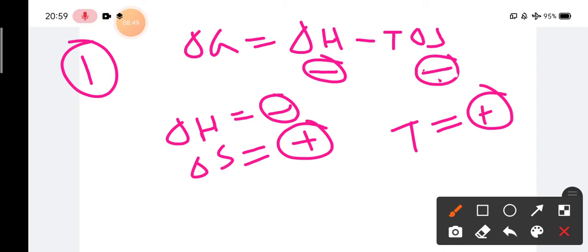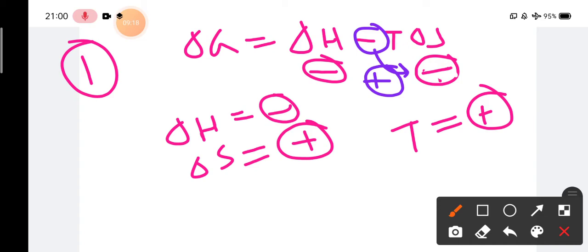So T is positive and del S is negative, and plus and minus multiplied gives minus. So T del S will be negative, and before T del S there is a negative sign, so this negative multiplied with that negative becomes positive. So minus T del S will be positive and delta H will be negative.